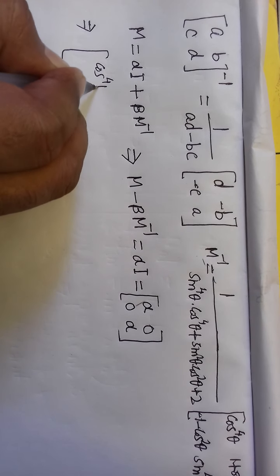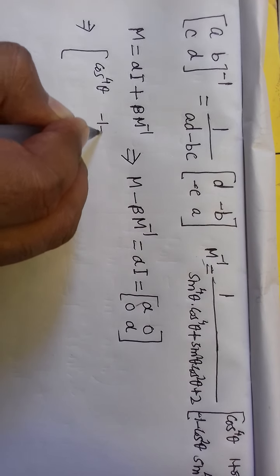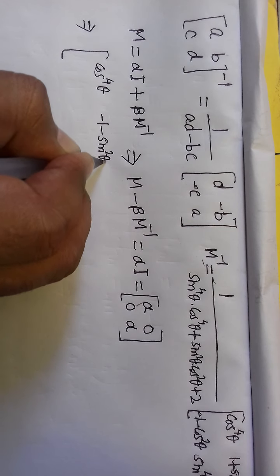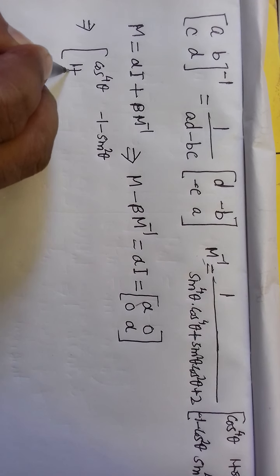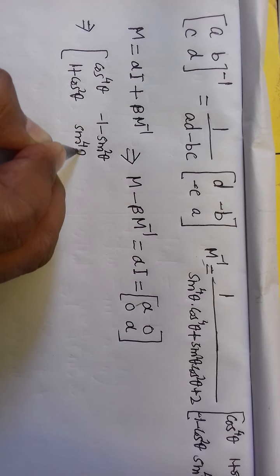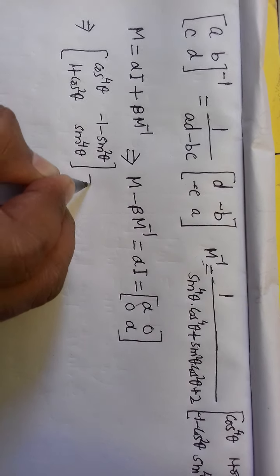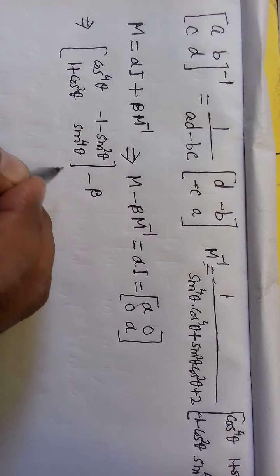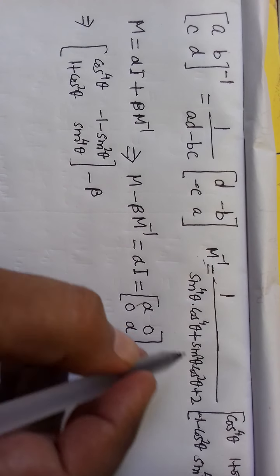cos to the power 4 theta, minus 1 minus sine square theta, 1 plus cos square theta, sine to the power 4 theta, minus beta into M inverse.